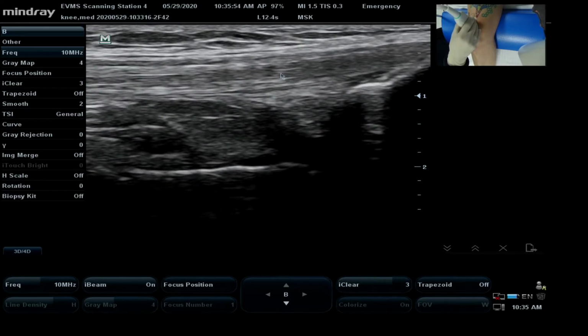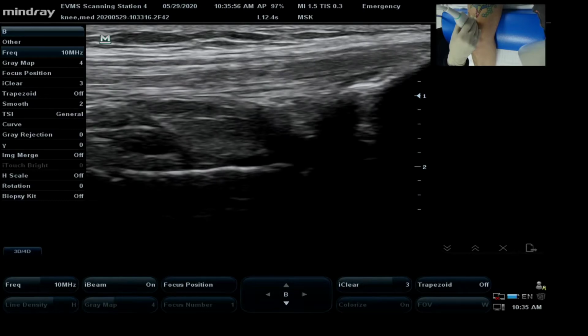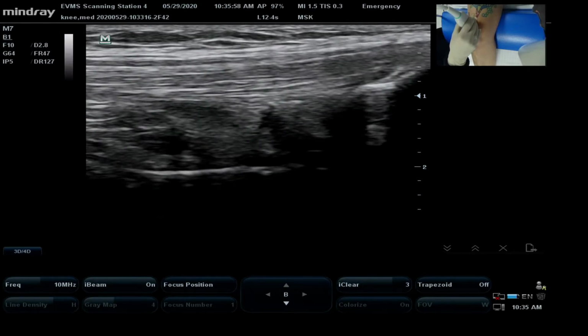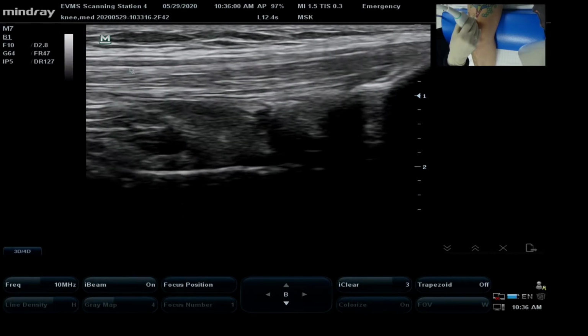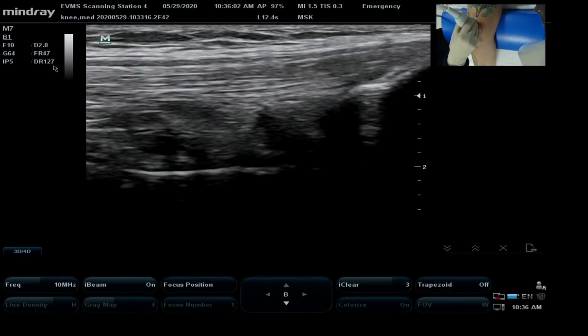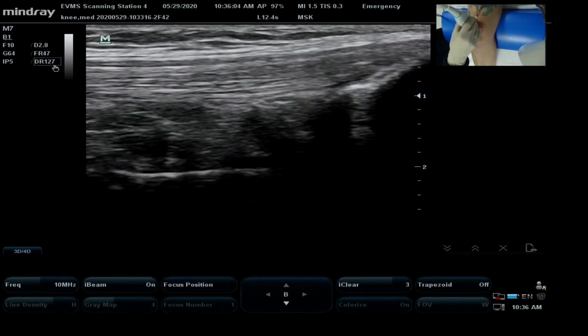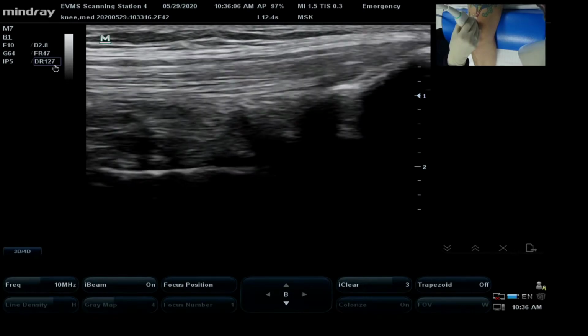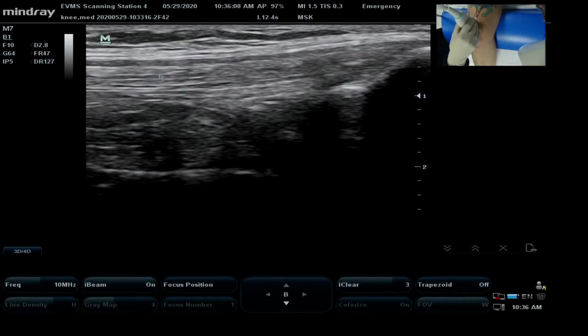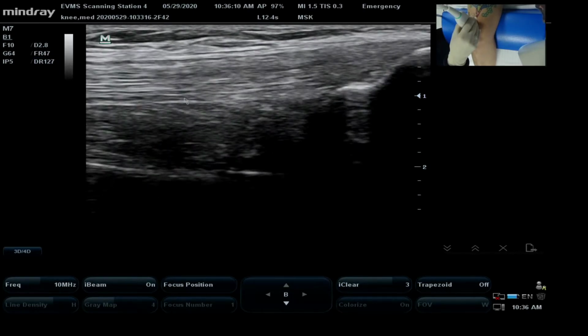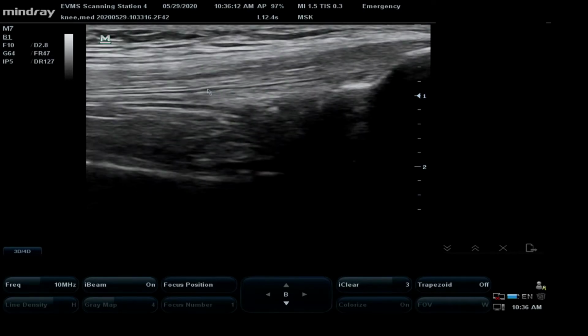I also want to point out to you that your dynamic range is going to be set at 127. Now you really don't want to go any higher than this, and this is a pretty good setting for you to be seeing the fibrillar pattern of the tendon.